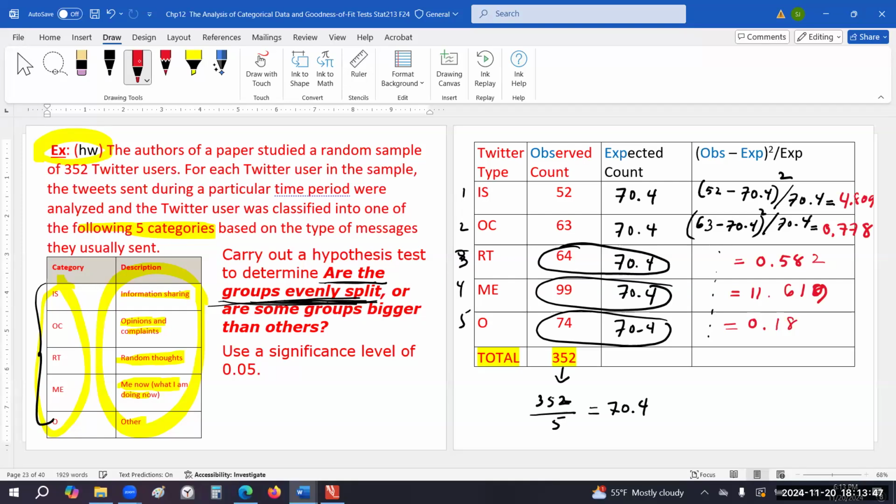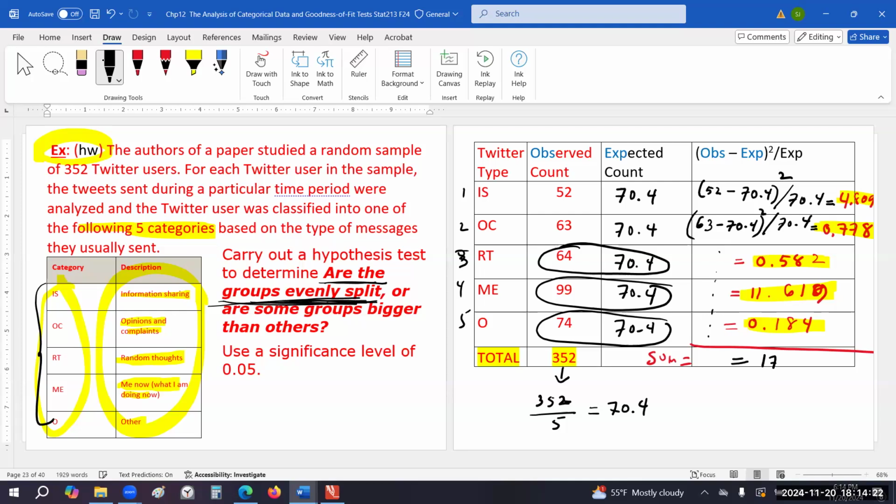Now you're going to add all of these. This plus this plus this, and this. How much do we have? 11, 13, 14, 15, 17.